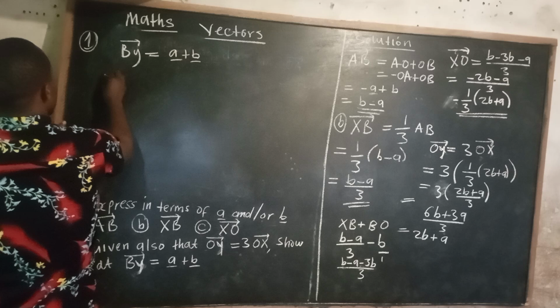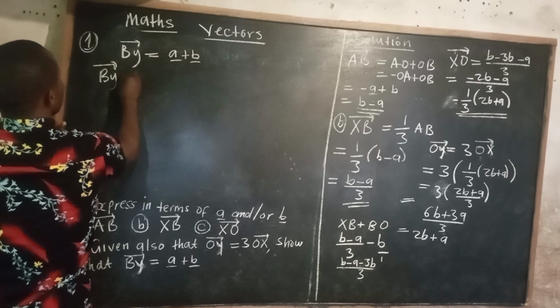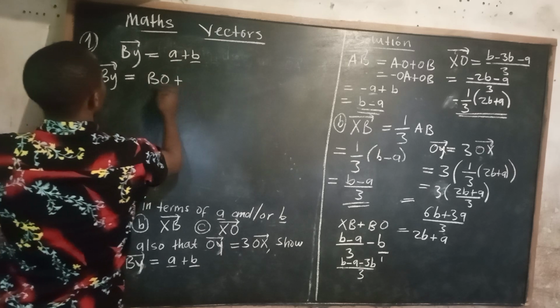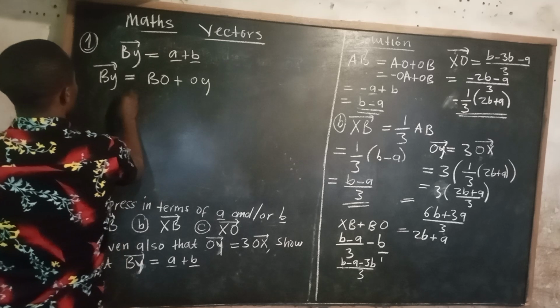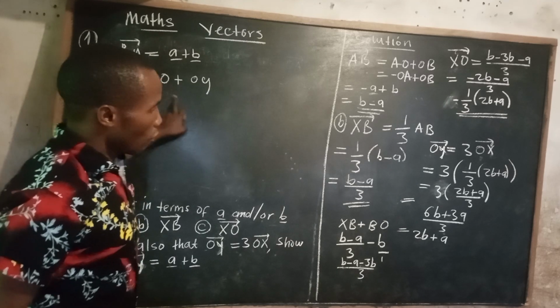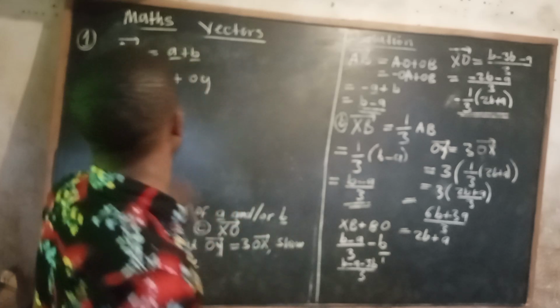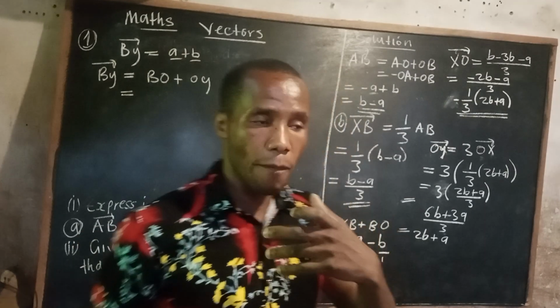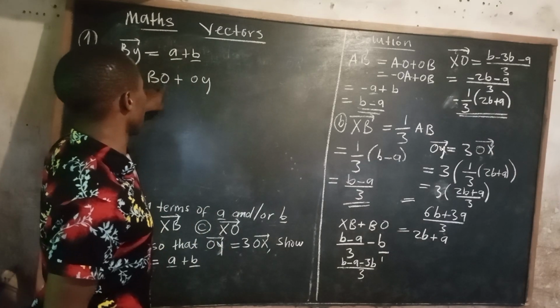So we are going to say vector BY is equals to BO plus OY. So BO, when we get back to that diagram, OB we had b. Now when we say BO, it means we are not starting from the origin.